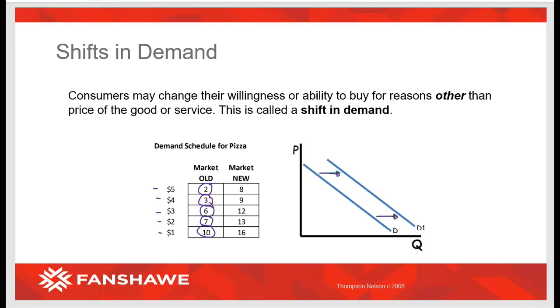But for some reason, something has changed, and now, if the price is $5, it used to be true that we would demand a quantity of 2 units. But now at $5, we demand a quantity of 8 units, right? And this means at $4, our quantity demanded would no longer be 3, it would now be 9. At $3, it's no longer 6, it's now 12, right?